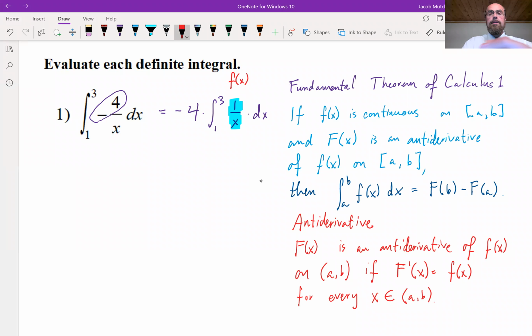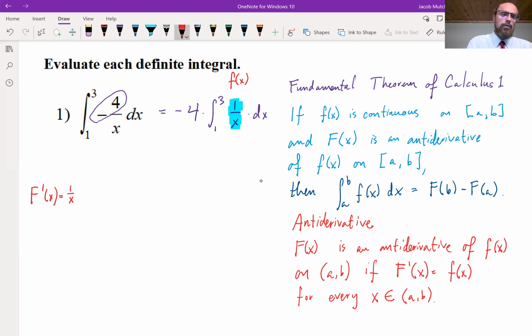So I really need to think, if this was my function, what would be the original function before I took its derivative? That's kind of the idea behind an antiderivative. So here on the side, I'm really going to think, in fact, that my uppercase F prime of x is going to be 1 over x.